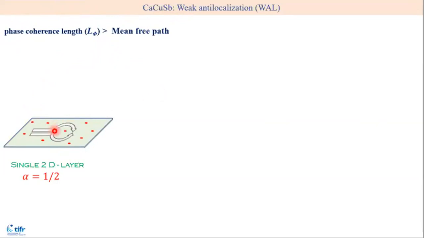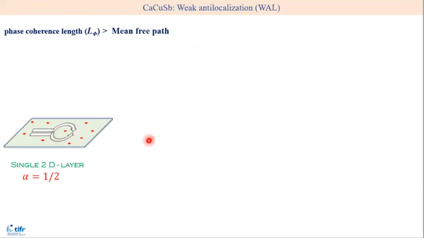Then even after scattering, there is no change in the phase. And when it interferes with the other electron path which has some phase difference angle, it can interfere, because before and after scattering this electron path has a constant phase.